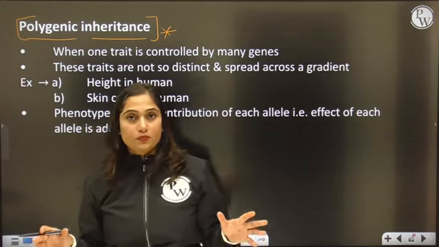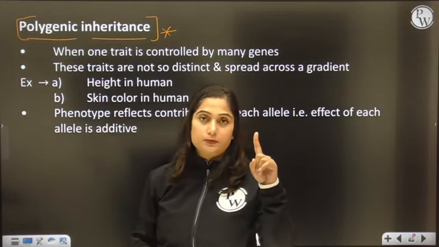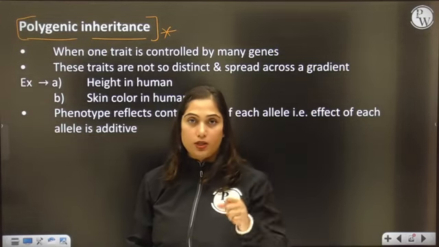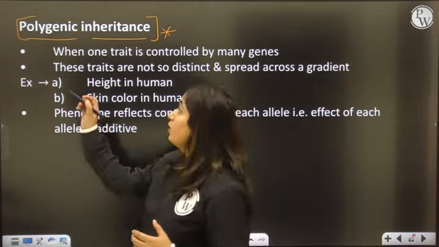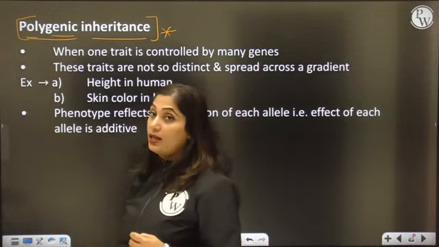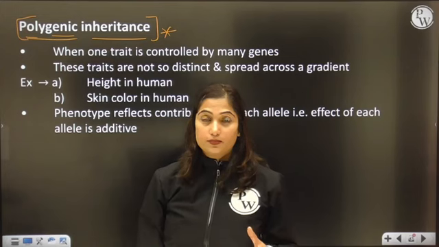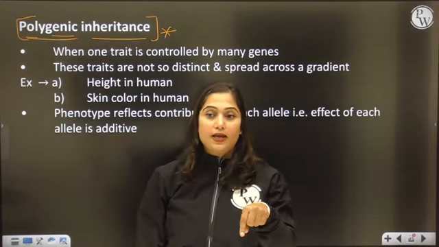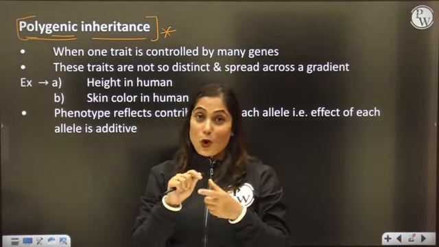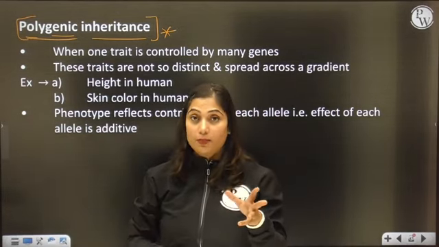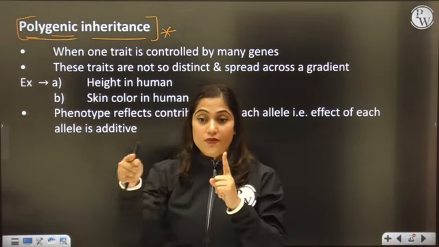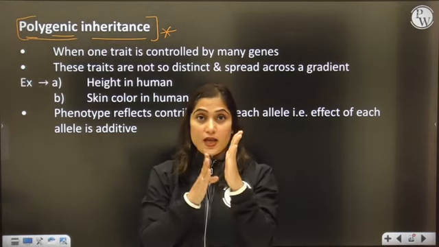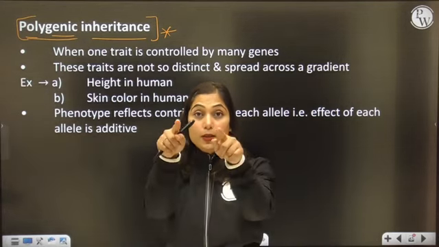Usually one trait is controlled by one gene, but the name is suggesting polygenic inheritance. That means here one single trait is controlled by many genes. Opposite of pleiotropy. What was happening in pleiotropy? One single gene was having effect on several phenotypes. But here, one expression, one phenotype, one trait is controlled by many genes.